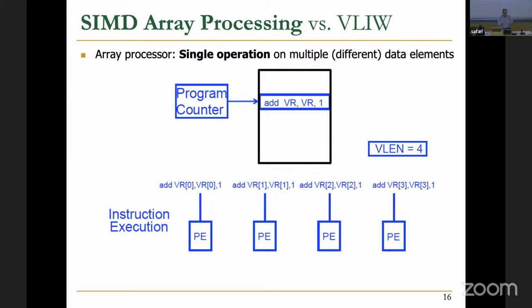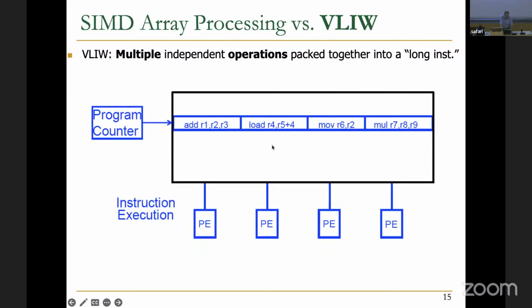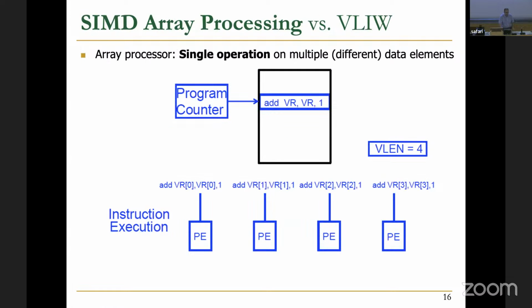But the difference between SIMD array processing and VLIW is that in SIMD processing, we have only one instruction. So you don't need to fetch multiple instructions. In VLIW, you need to fetch many instructions, decode them, understand them, and realize what to do. The good thing about SIMD is that you fetch only one instruction, and then you can amortize the overhead of loading one instruction over multiple data elements.